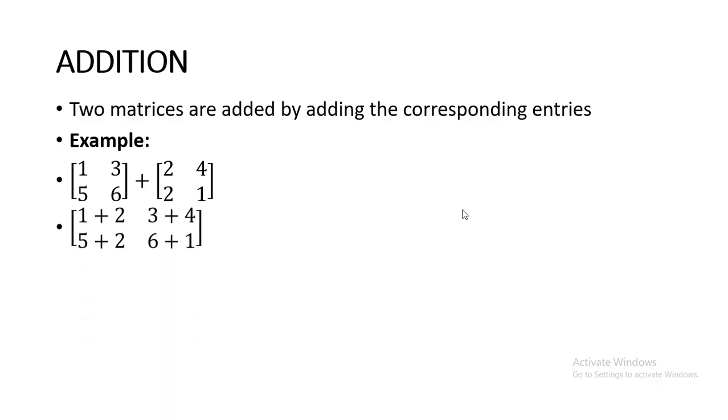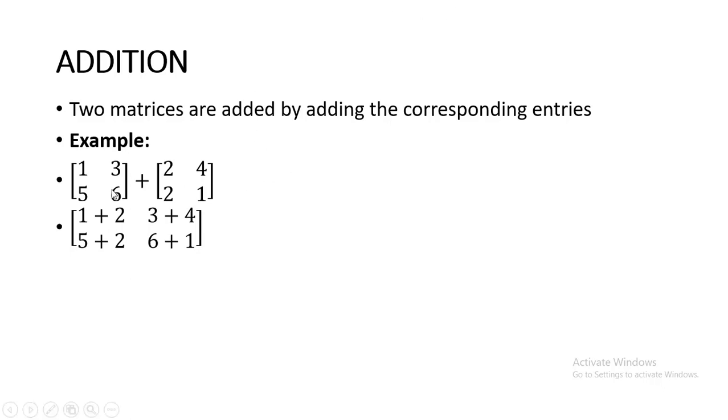That means the first row first column element of matrix A will be added to the first row first column element of matrix B. The first row second column element of matrix A will be added with the first row second column entry of matrix B. This is how you add two matrices.